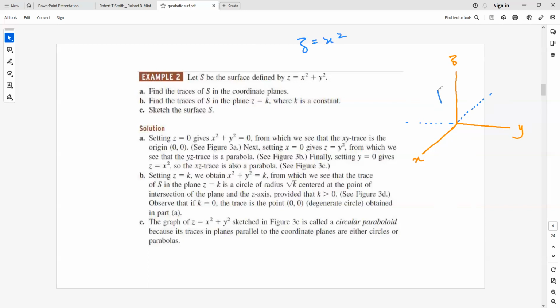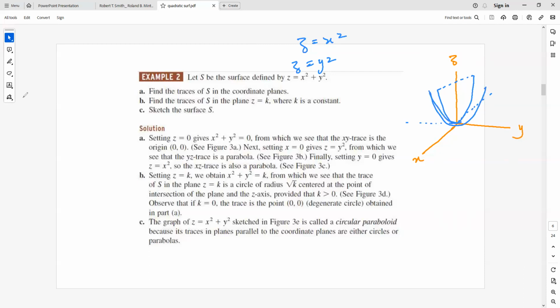Z equals x squared like this, right? And z equals y squared will look like this, right?